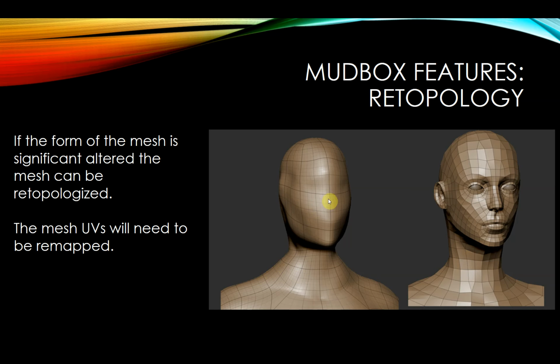So inside Mudbox, there are retopology tools that you can use. I'm not going to go into detail about it now, you can search for tutorials on this, but you can create curves which guide Mudbox in terms of the shape of the topology you want. So you can go from a topology that doesn't really support the shape of the face at all to a topology that makes more sense. Really all I wanted to say was that there are retopology tools built into it.